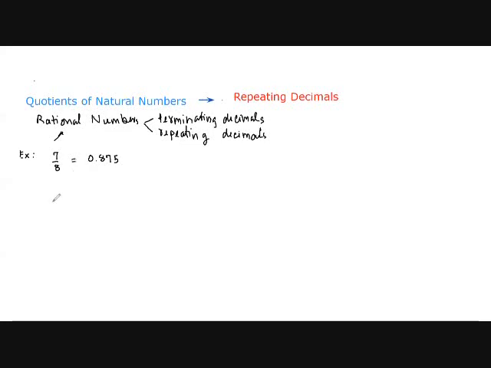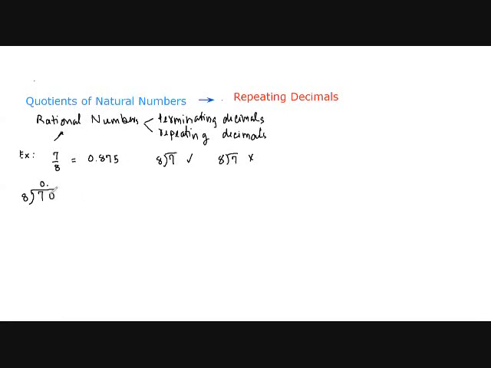But again, if I say I don't allow you to use a calculator, how do you get this? You have to use long division, correct? So now we have 7 divided by 8. 7 divided by 8, we couldn't do it, so we write 0 and a dot.